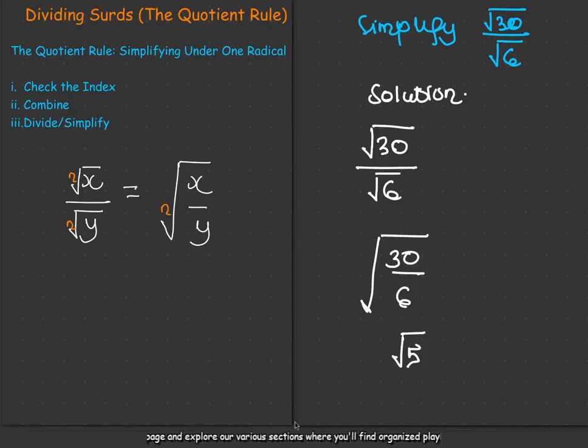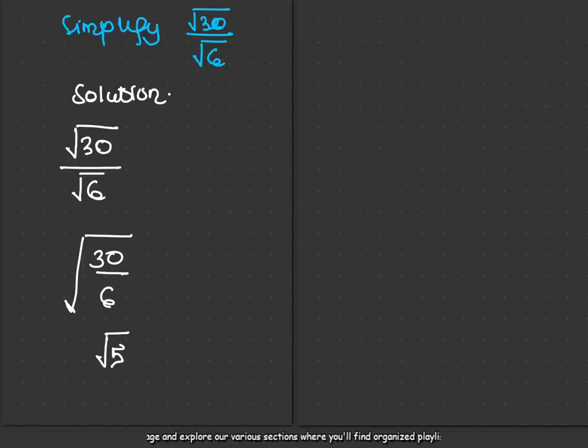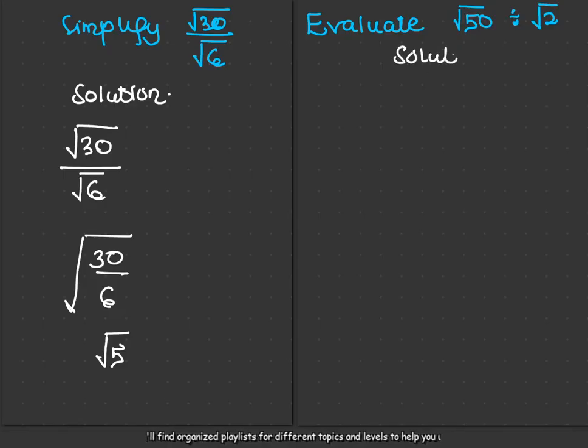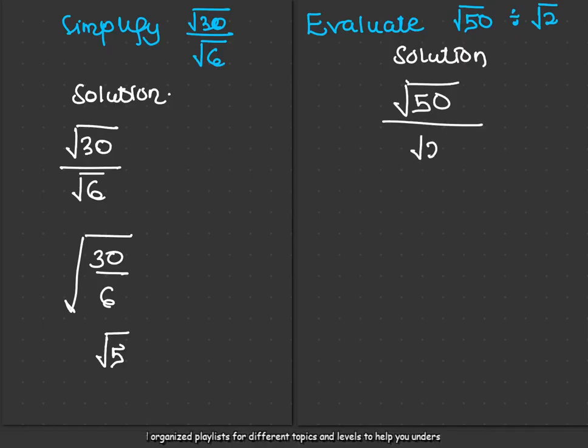Let's pick a few more examples as well. With this example, it says we should evaluate the square root of 50 divided by that of 2. It's the same as writing square root of 50 all over, since we are dividing, square root of 2.